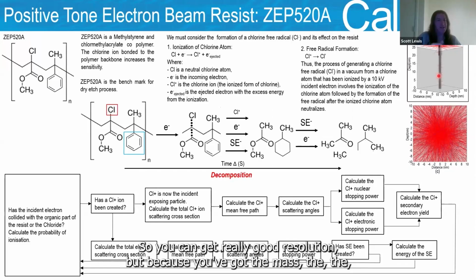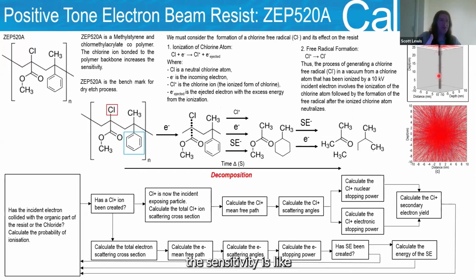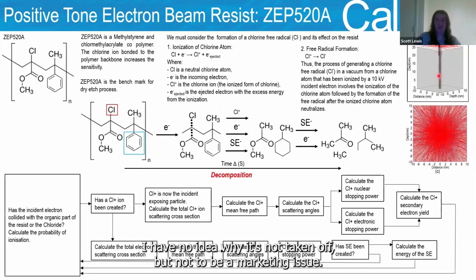But because you've got the mass, the sensitivity is about 10 microcoulombs per centimeter squared. Guy and I were getting things like 5 nanometer half pitch at 10 microcoulombs per centimeter squared. What's not to like? It's fantastic. I have no idea why it's not taken off, but that could be a marketing issue. But that's what I think the future is.